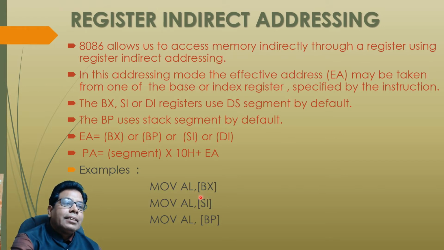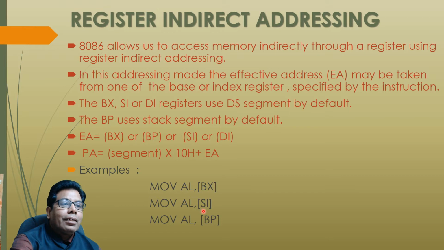Now in this case BX is the register and the effective address will be the contents of BX, and whatever is the content of DS, that is the data segment, it will be multiplied by 10, and then these contents of BX are added, and that will give us the physical address.